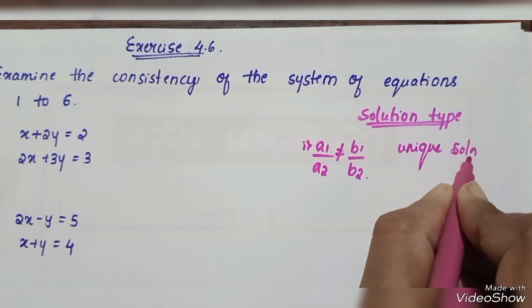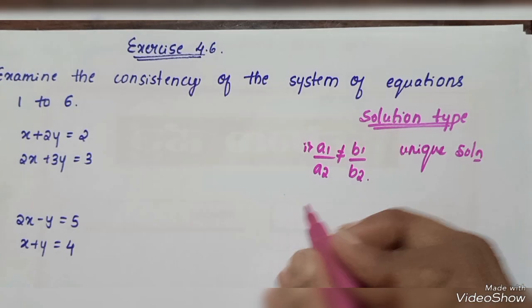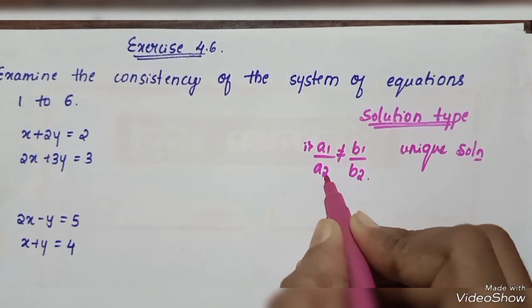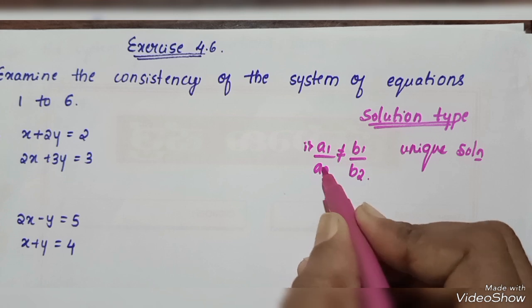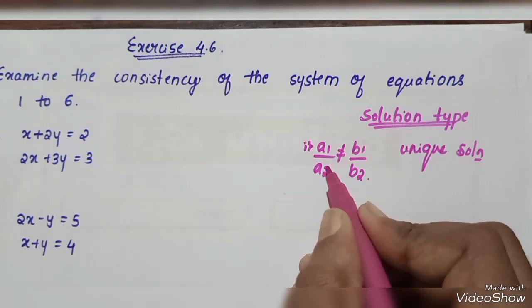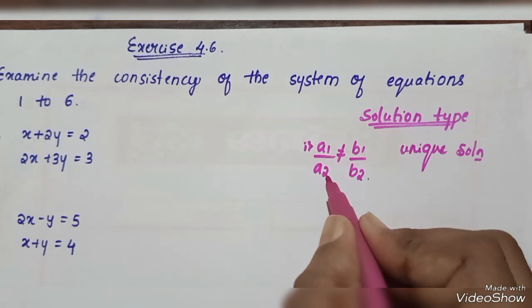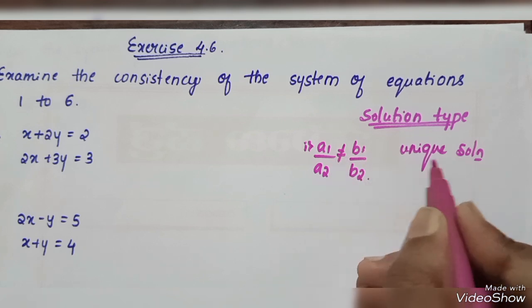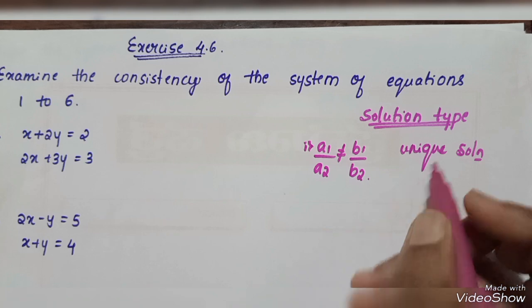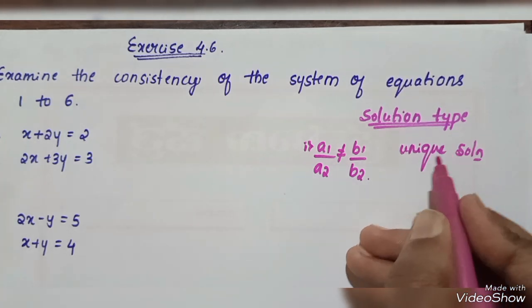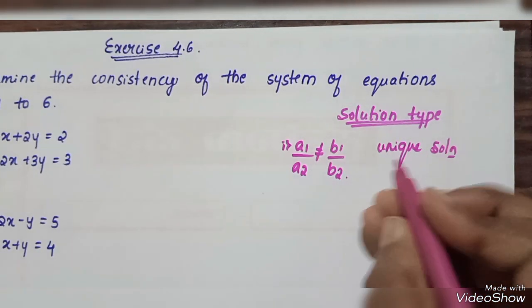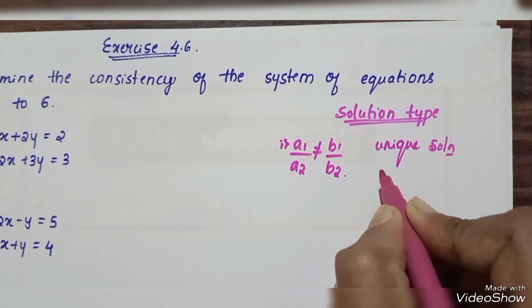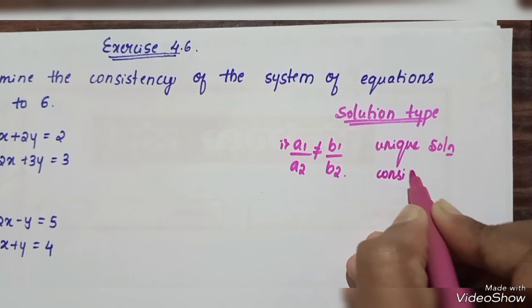If we consider a system of two linear equations and a1 divided by a2 is not equal to b1 divided by b2, we have a unique solution. Then the result is a unique solution and the system is consistent.